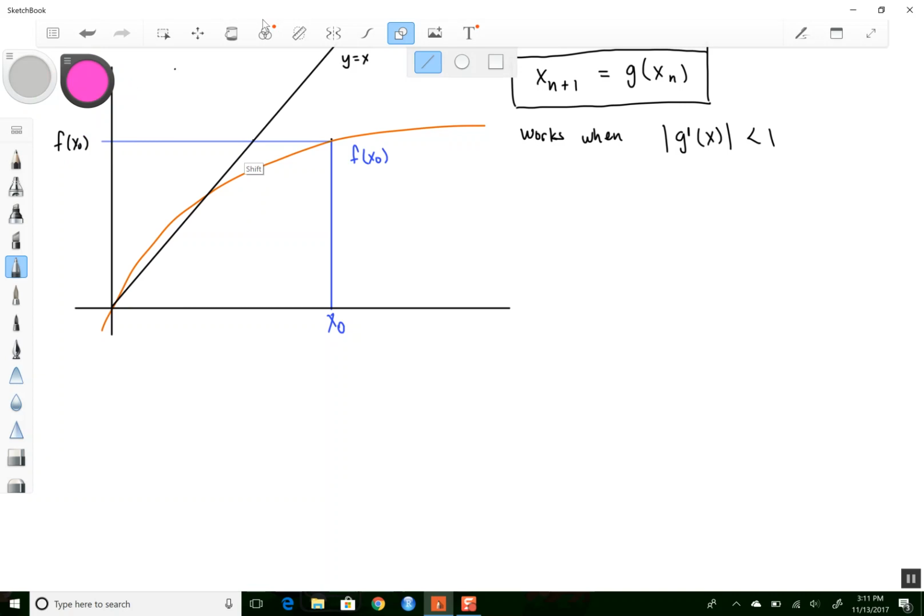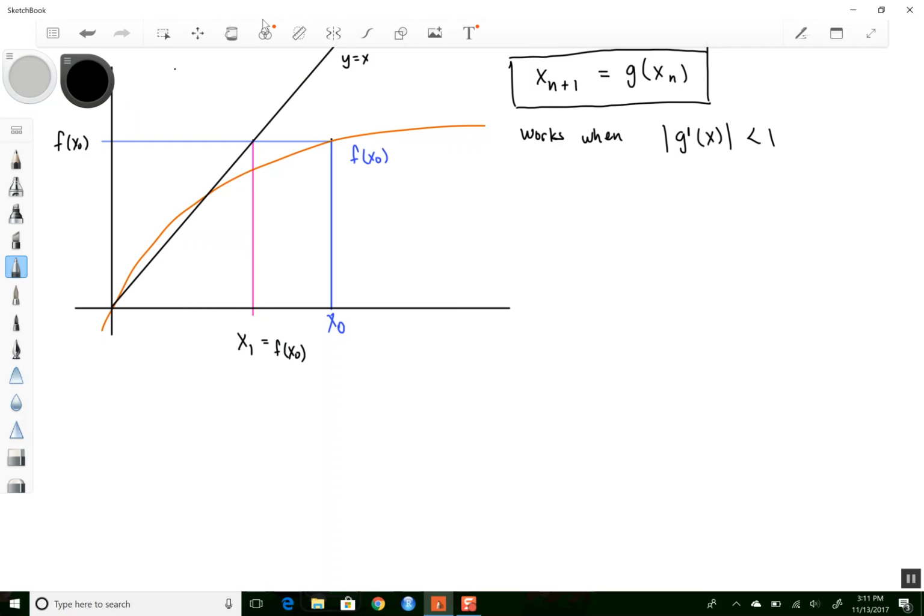So I'm going to draw a line from here down to here, and this represents x at time 1. Looking at this, x at time 1 is equal to f at x at time 0. Okay, do we see this from the picture? So this location of x1 is equal to f of x0.